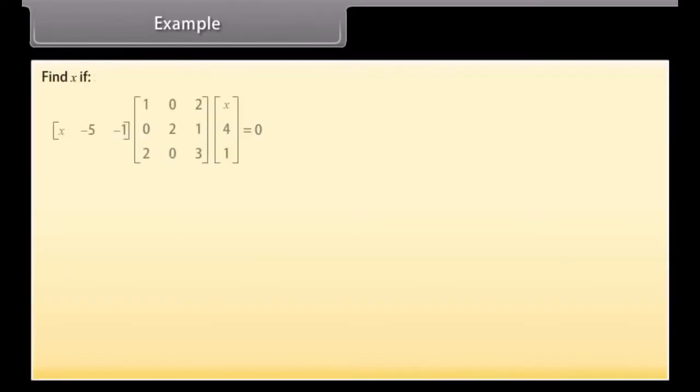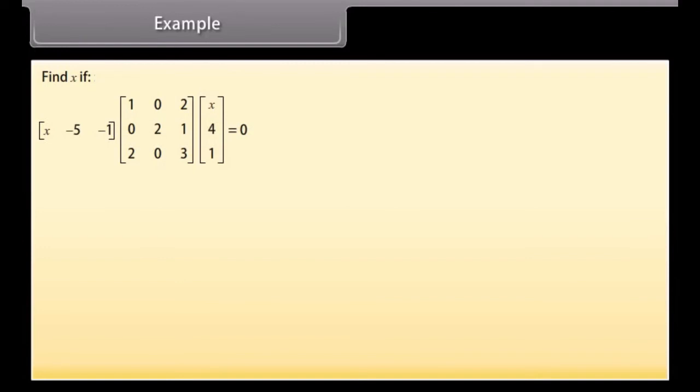Example. Find x if the matrix [x -5 -1] multiplied by the matrix [[1, 0, 2], [0, 2, 1], [2, 0, 3]] multiplied by the matrix [x, 4, 1] is equal to 0.